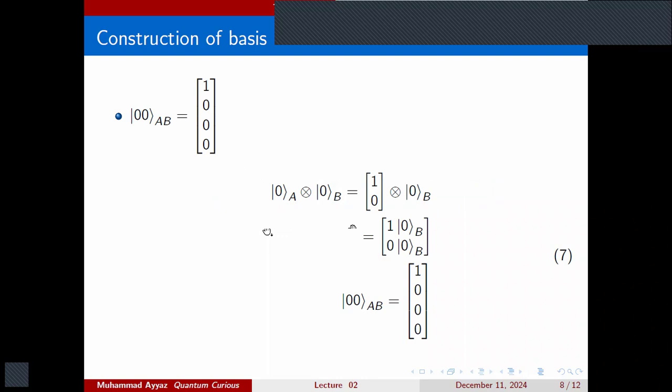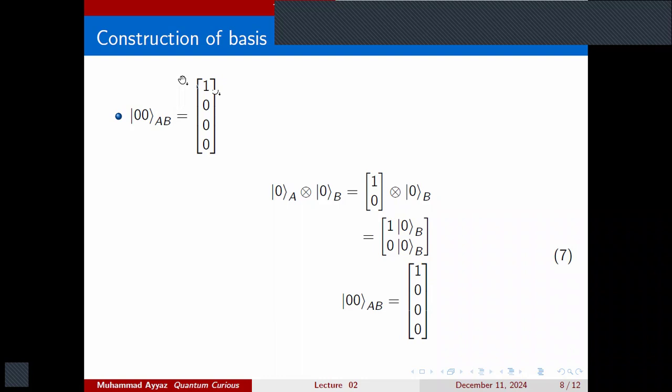So there is a very nice application of the tensor product, as we could build a basis from single qubit states. So we have one of the bases of the four-dimensional vector space. We could construct it, as we see in multiple qubit concepts. We could build this from single state vectors with the help of the tensor product.